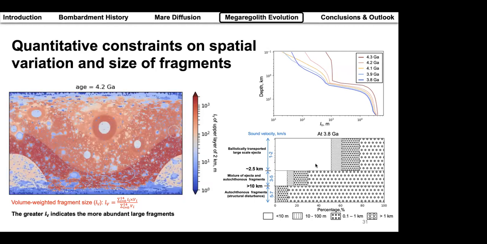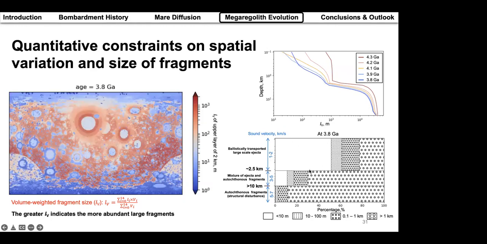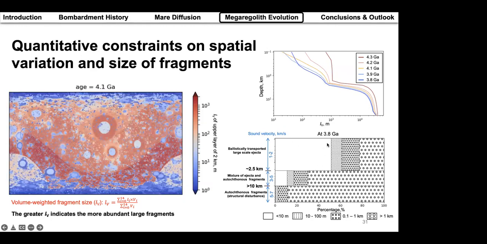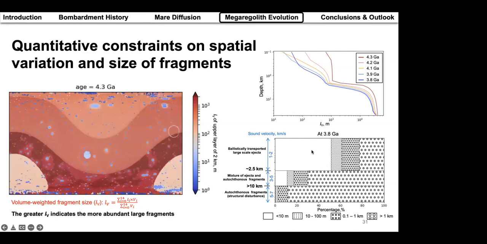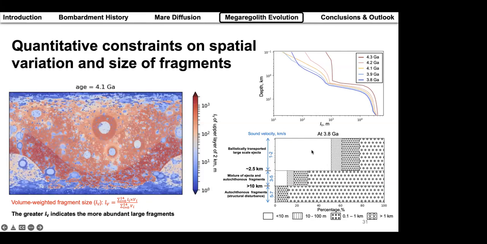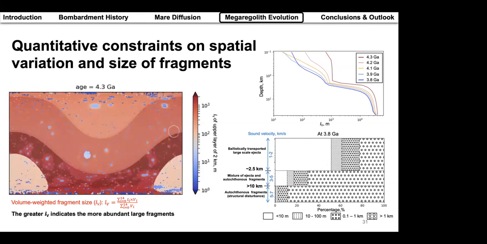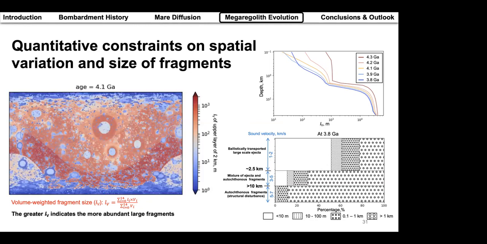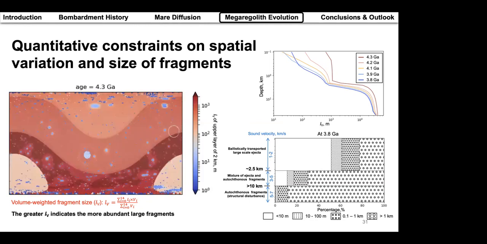And in the top layer, there are a lot of fragments at meter scales. These meter scales mainly derive from the fragments transported in the ejecta materials.